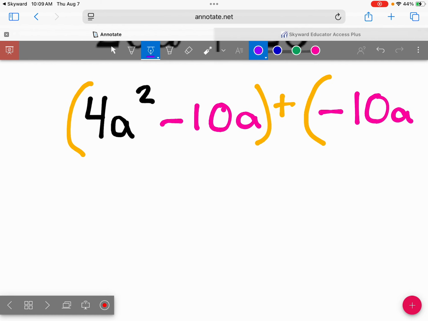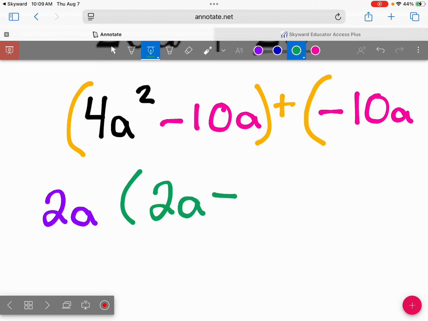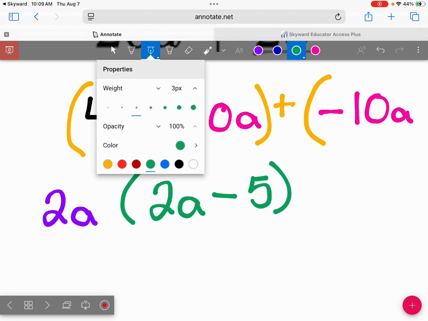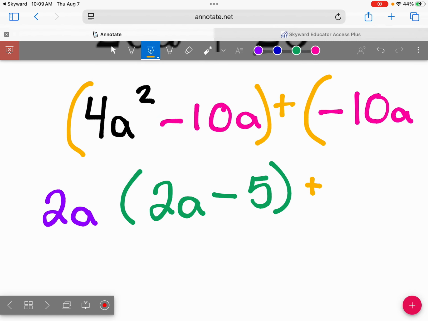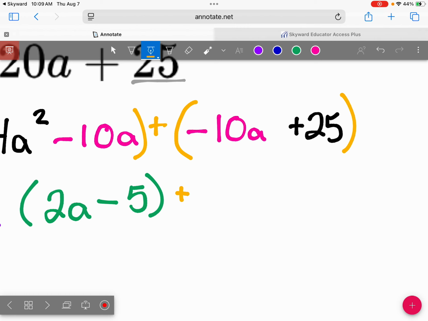Okay, let's figure out what we can factor out of these. What is shared between 4a squared and minus 10a? 2a. So I can take a 2a out, and that's going to leave us with 2a minus 5. And then if we look at our second set over here, we've got negative 10a and 25.